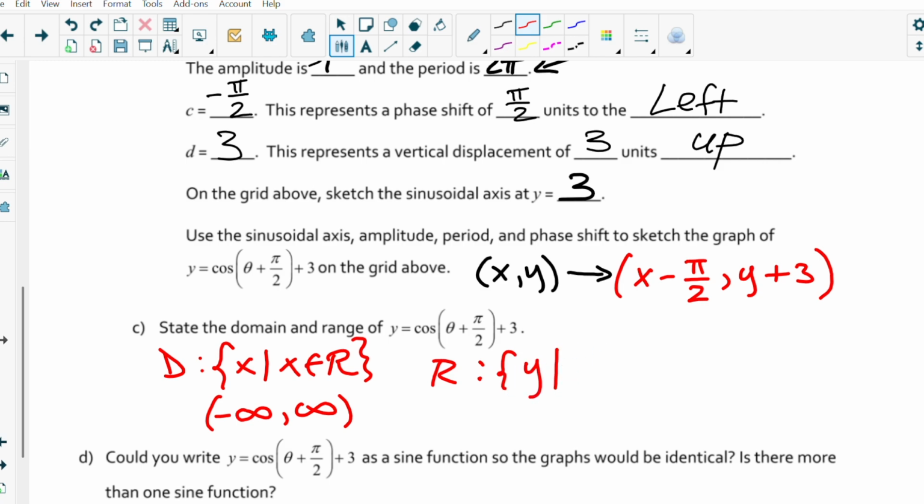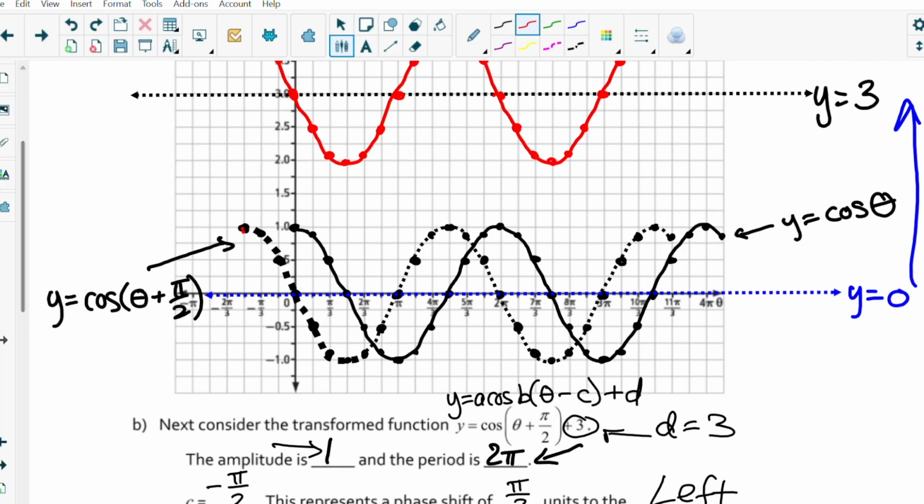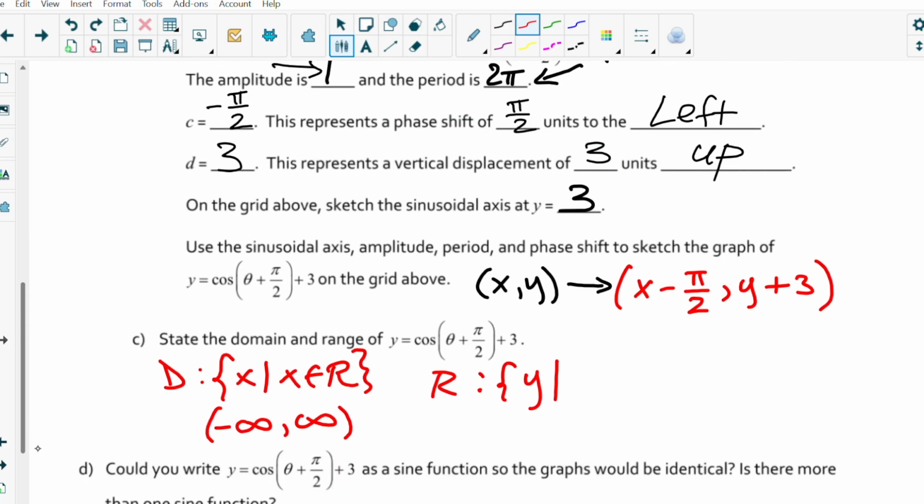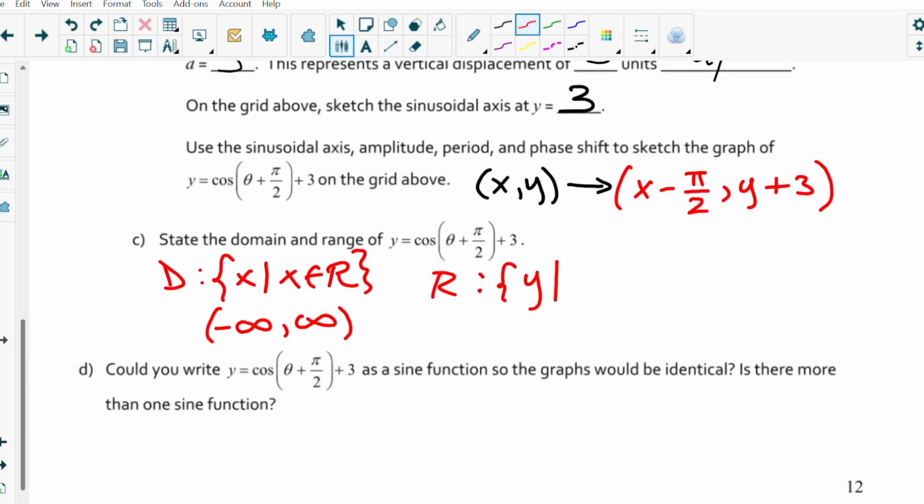Y such that we're going from a low value to a high value, so 2 to 4. Okay, inclusive, right? So it's y is greater than or equal to 2 but less than or equal to 4. Y is an element of all real numbers. Or in interval notation, square brackets 2 comma 4.